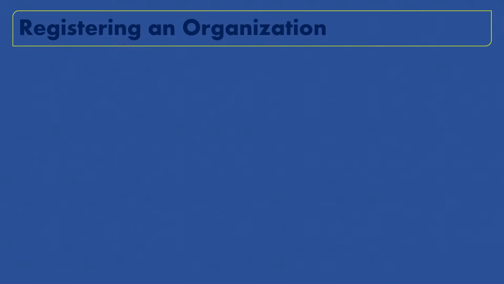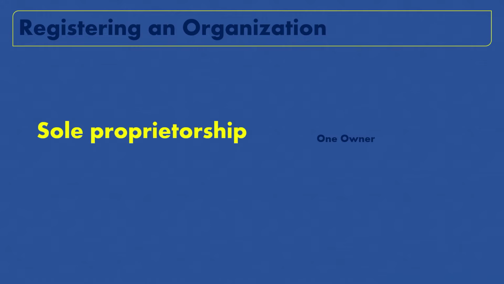And for that purpose, you can actually use multiple structures. The first option with you is sole proprietorship, and with sole proprietor we mean that there is one owner who is responsible for all the obligations of the business, definitely for all the financial obligations of the business.